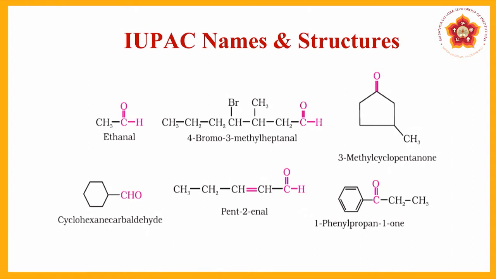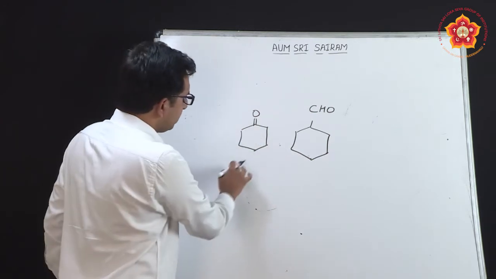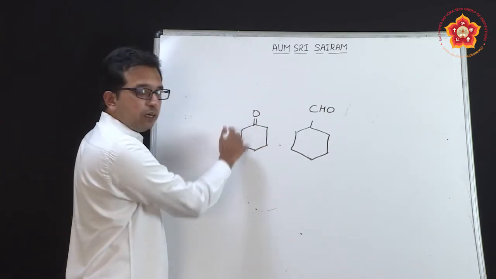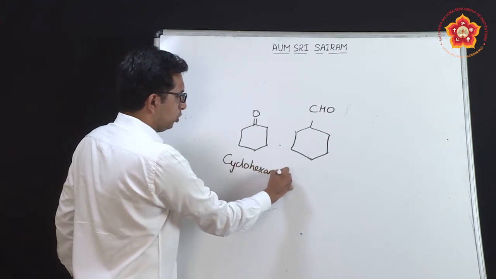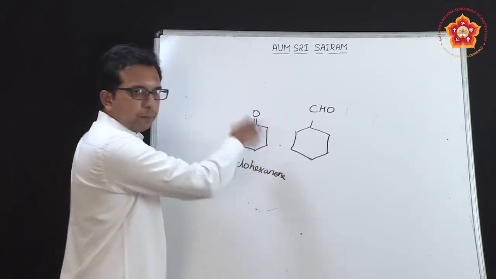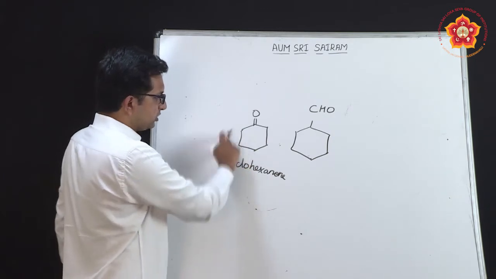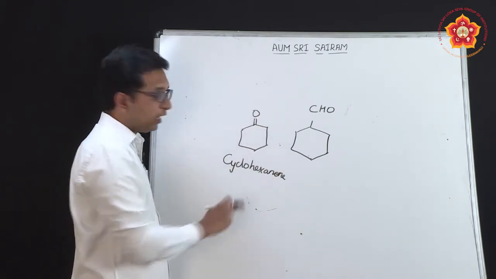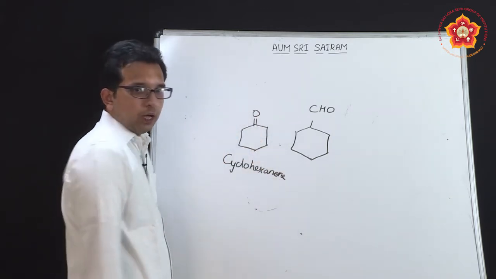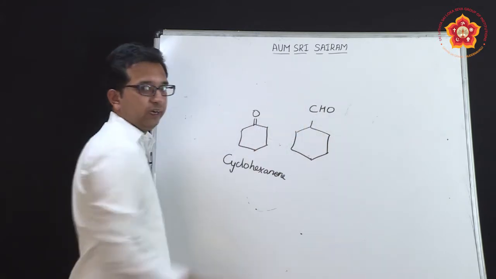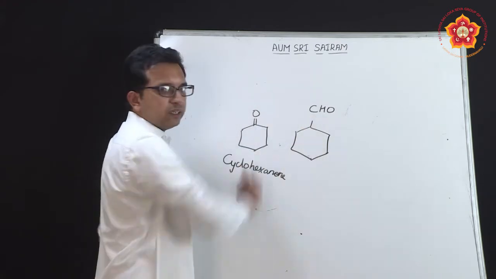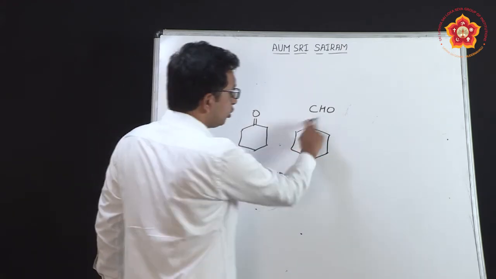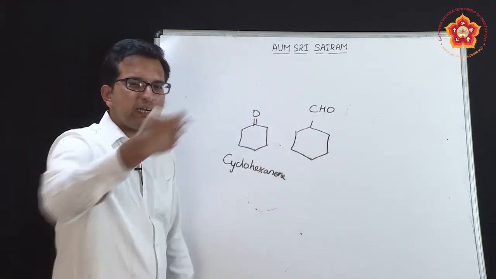If this compound is considered, this will become cyclohexanone, because cyclic because it is round, hex because there are 6 carbons available here, and one because it is a ketone. Now this is not ketone, this is aldehyde, and it is not part of the ring, it is outside the ring, and therefore the name will be cyclohexane separately as carbaldehyde.